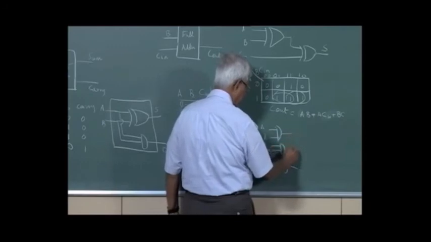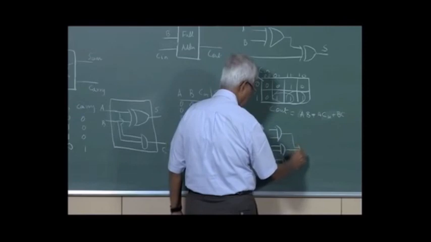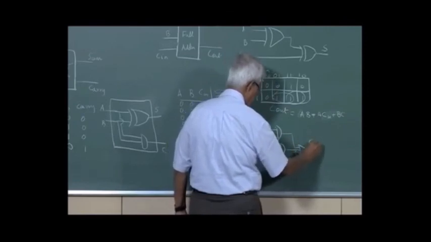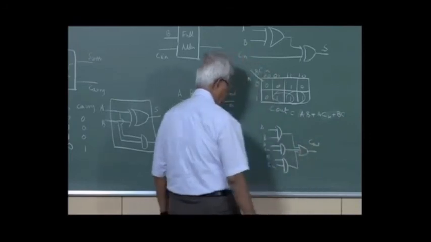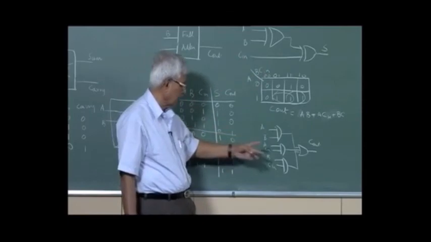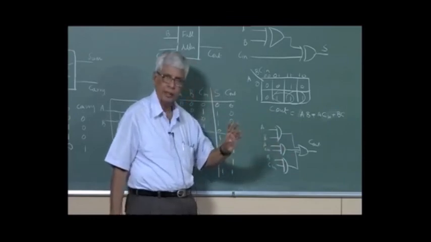Feed all this into an OR gate. This is carry out. So full adder has 2 exclusive ORs for sum, 3 2-input AND gates, 1 3-input OR gate for the carry.